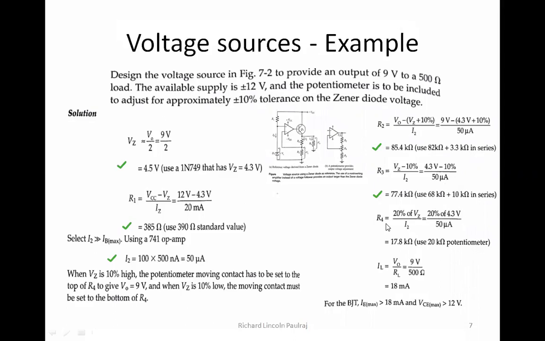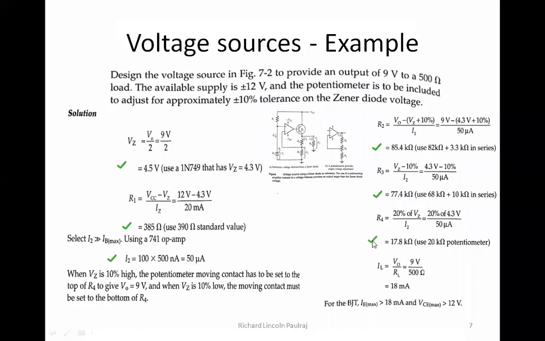Now R4, right? How do I calculate R4? R4 is going to be 20% of VZ divided by I2. This is a standard potentiometer, going from the top to the bottom. So 20% of 4.3, where 4.3 is nothing but the VZ value, and I2 we have calculated here.